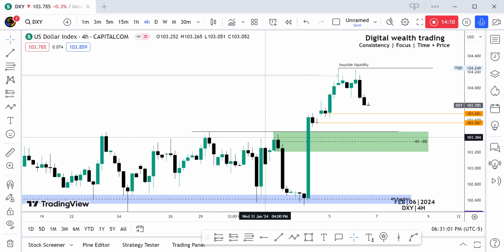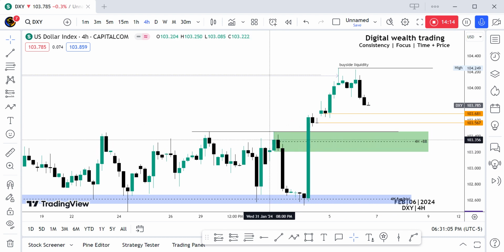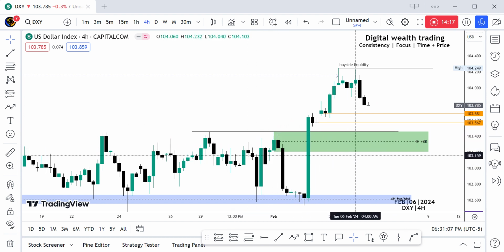So if we eventually get to this area, it also will give us the idea that we will have an efficient price delivery on the weekly, and also we have sell side liquidity lying below here, and also this liquidity void will be completely filled.